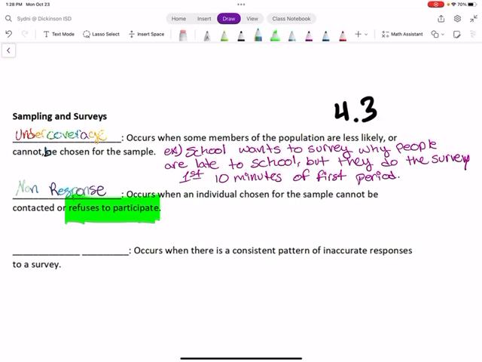An example of this would be people who hang up during phone surveys. There are people that have jobs where their job is to call different phone numbers and to get people to answer their survey. So an example of a non-response would be people who hang up or don't answer.